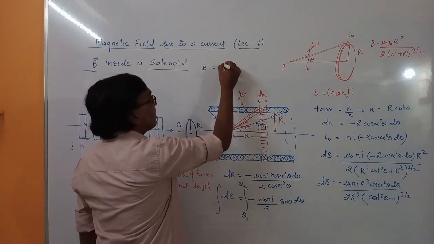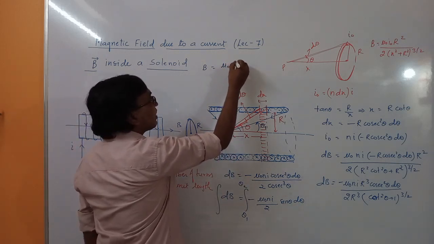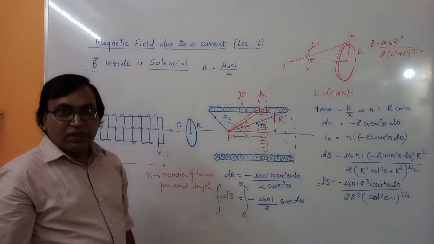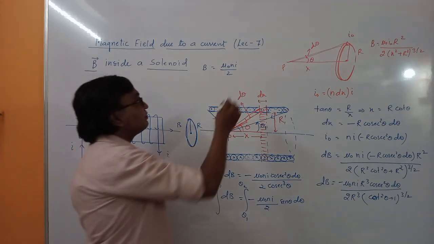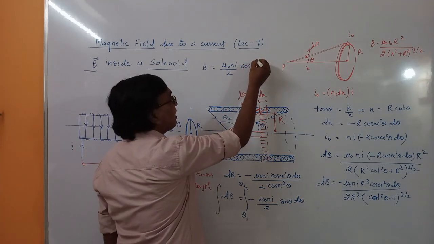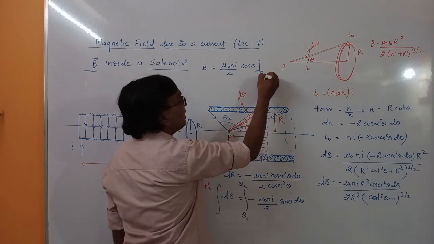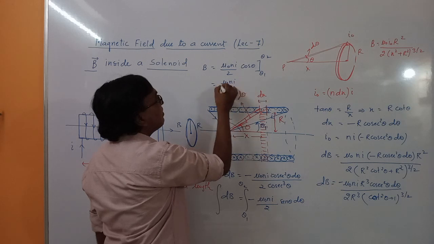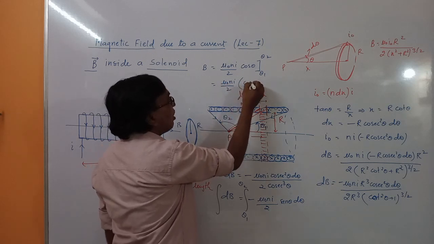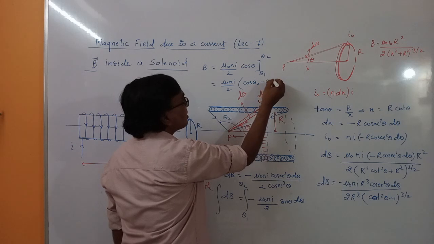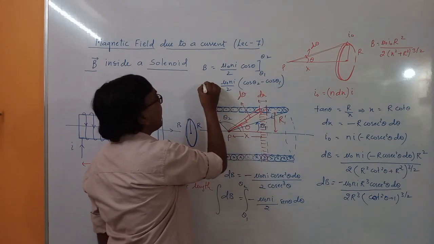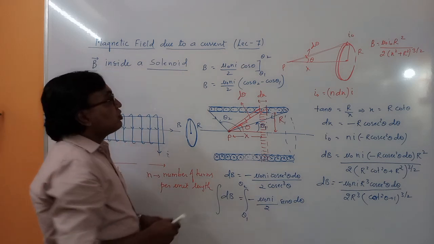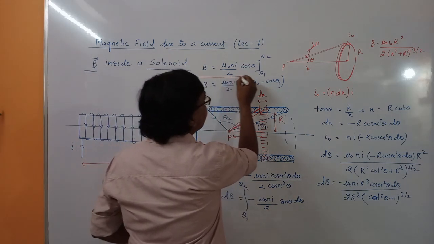Then mu naught n I by 2 times the integration of minus sin theta d theta, which is cos theta, from theta 1 to theta 2. So that will be equal to mu naught n I by 2 into cos theta 2 minus cos theta 1. So this is the magnetic field inside a solenoid.